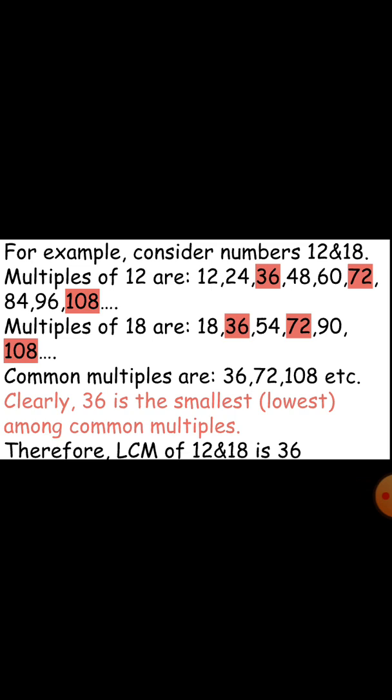Here the common multiples are 36, 72 and 108. Clearly 36 is the smallest or lowest among common multiples. Therefore LCM of 12 and 18 is 36.